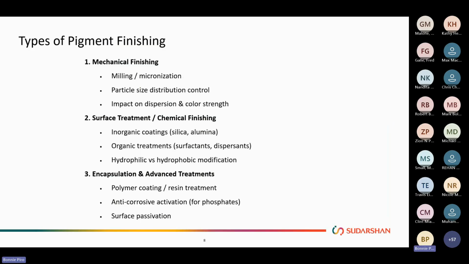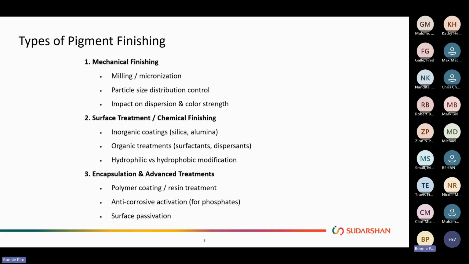So finishing, we talked earlier about the types of finishing. Mechanical, definitely there for particle size and size distribution control. Its main impact is on the dispersion itself, as well as the strength that you can get out of the particular pigment. Surface treatment or chemical, different ways depending on the end application and the actual chemistry of the pigment.